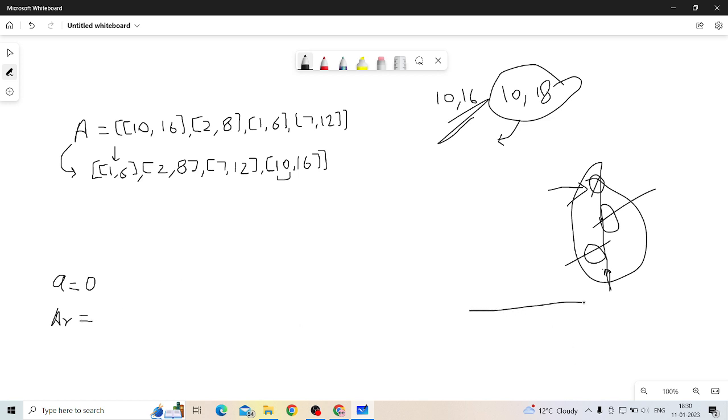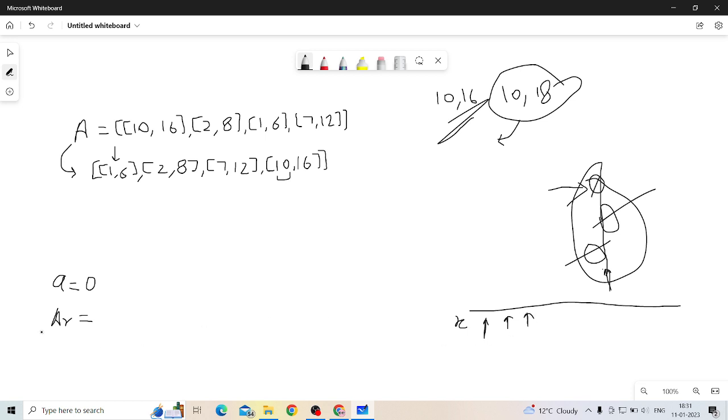Like this is the x-axis, horizontal, and we can shoot the balloon from any point on x. We can throw the arrow from here, we can throw the arrow from here.